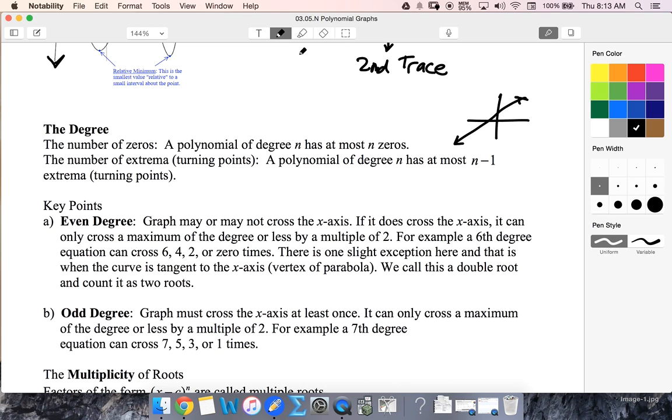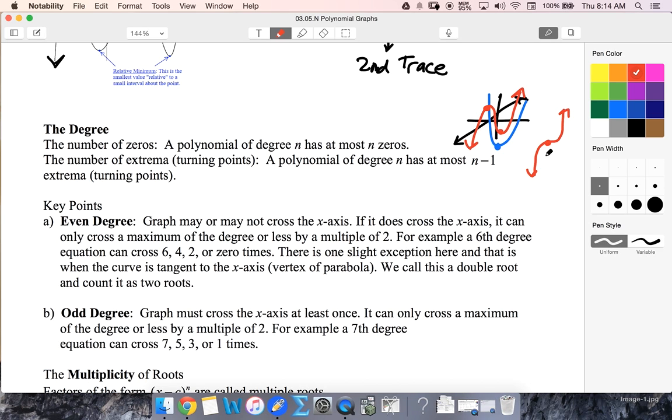And then if I think about a quadratic, it has 1 turning point. A cubic has at most 2 turning points, but I could also have a cubic that has just 1 sort of turning point.